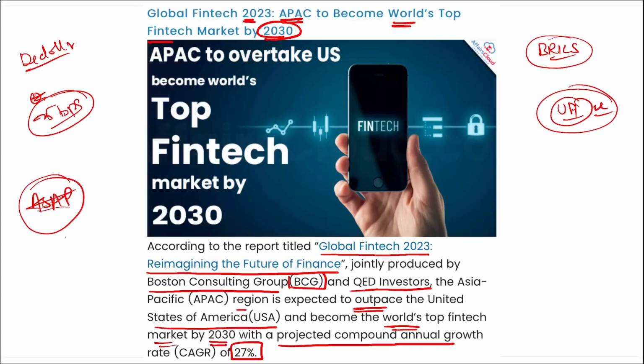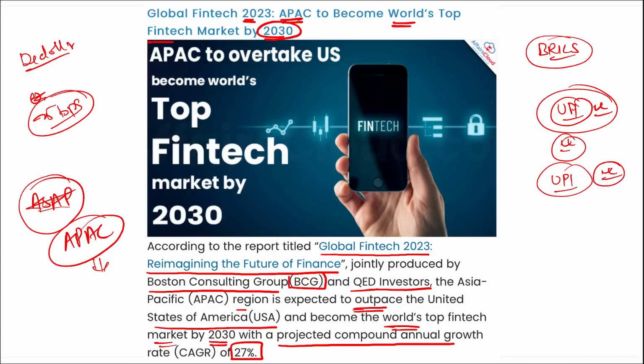And this APAC, Asia Pacific region, includes China and India, and these are two important players in this region who will be changing the fintech sector, because of the introduction of UPI, India is the player that has changed the game of transactions between two parties. If there are A and B and they want to transfer money from one bank account to another, they can do it easily with the help of UPI.